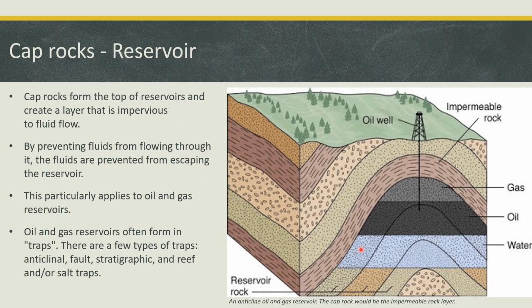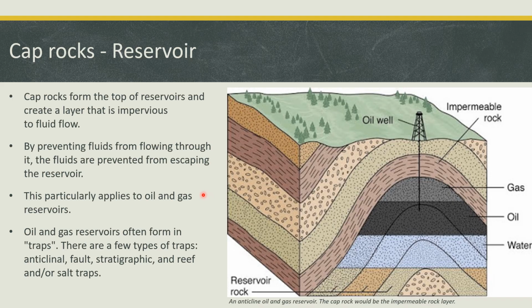So it's an impervious rock layer which will stop the migration of oil and gas to go anywhere else, which you might have read about in your previous chapters about the petroleum system and what it constitutes. The sole purpose of the cap rock is to prevent oil and gas from escaping, to stop it from migrating. This particularly applies to oil and gas reservoirs only.